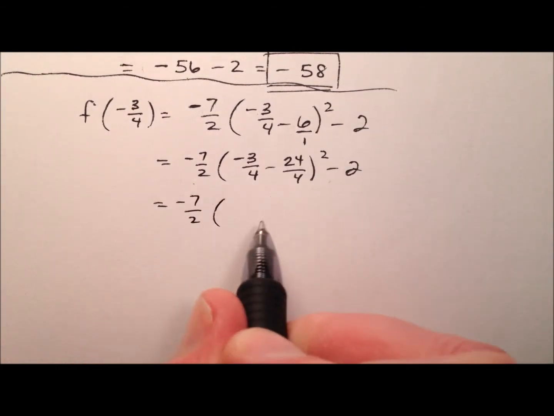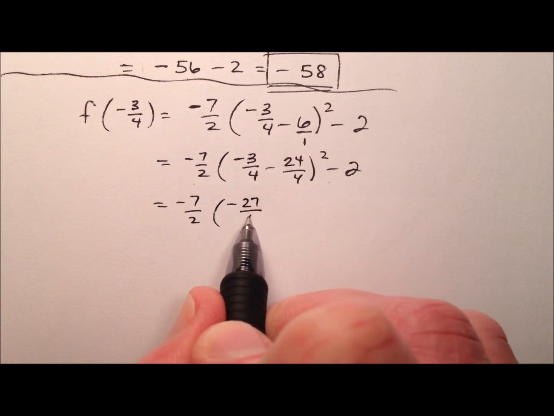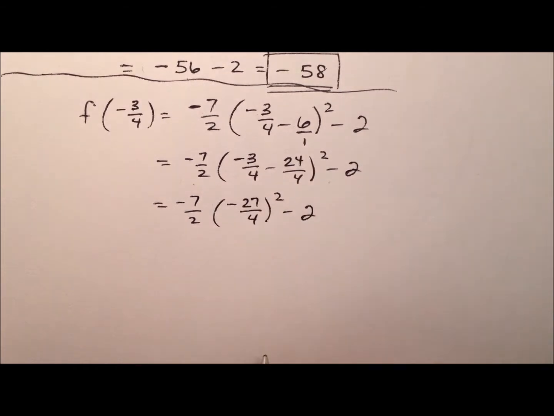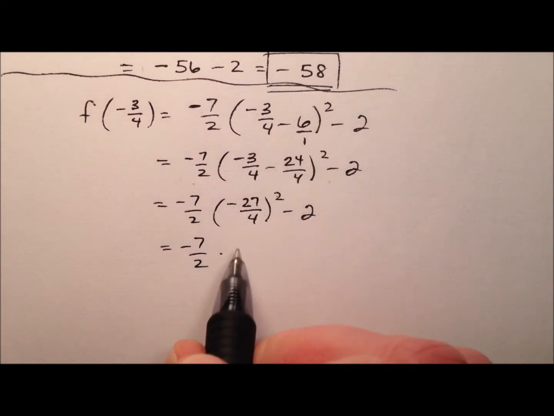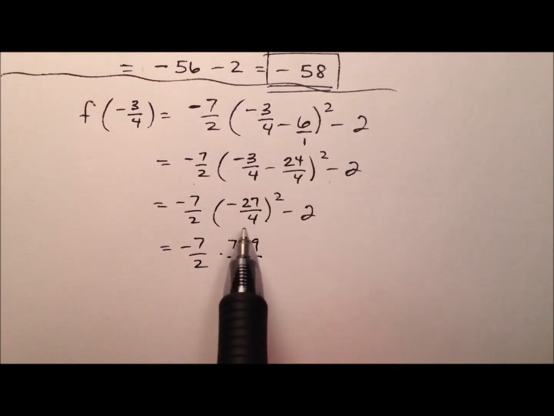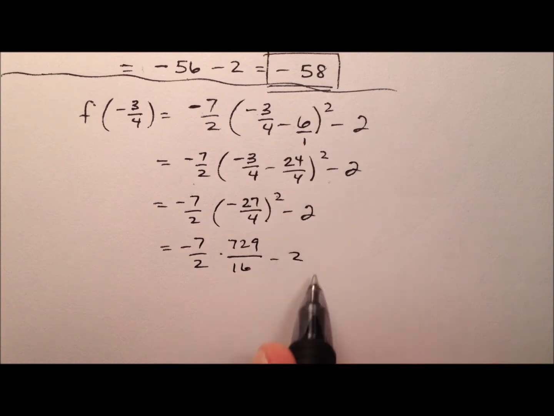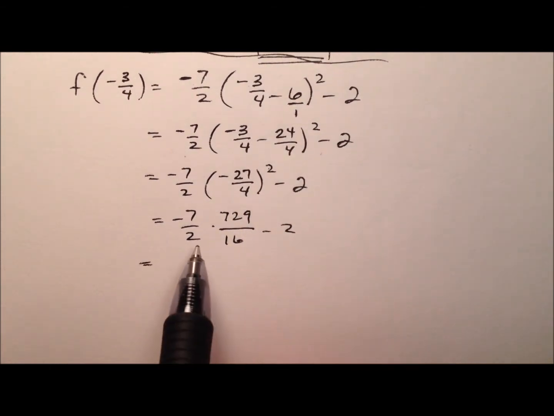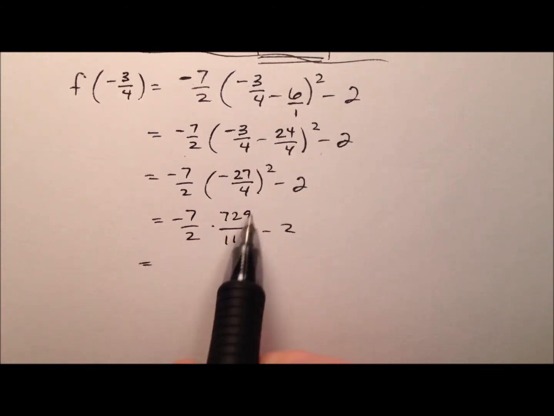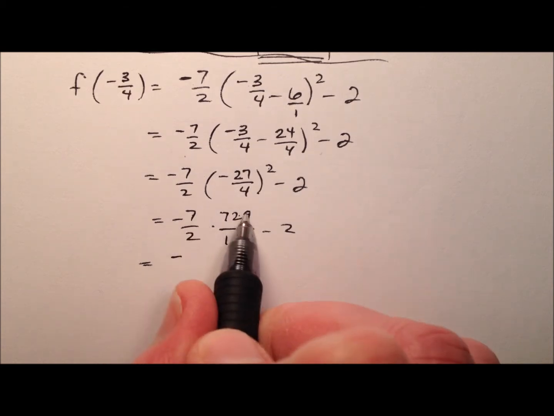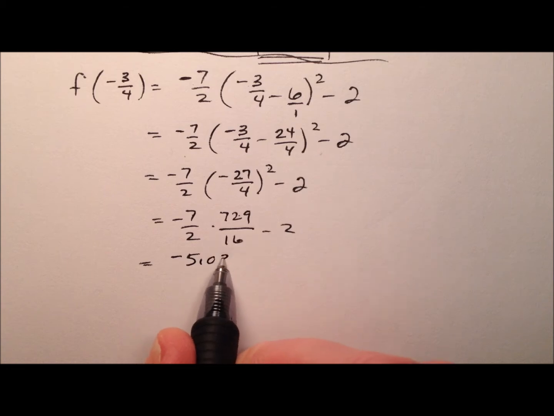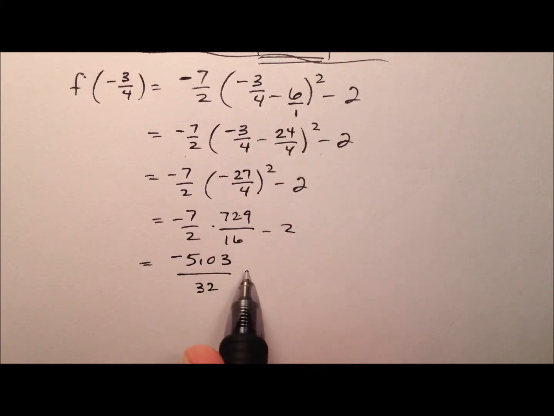So negative 7 halves, and then we have a negative 27 over 4 squared minus 2. Okay, so let's see. Negative 27 squared will be 729. 4 squared will be 16, and we still have that minus 2. So when I multiply across, it's because nothing will cancel here. So 7 times 729 should be, let's see, negative 5103 over 32.